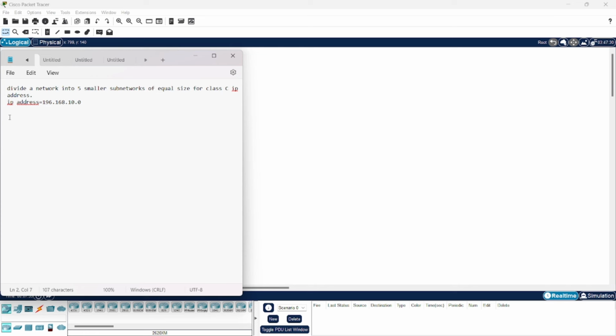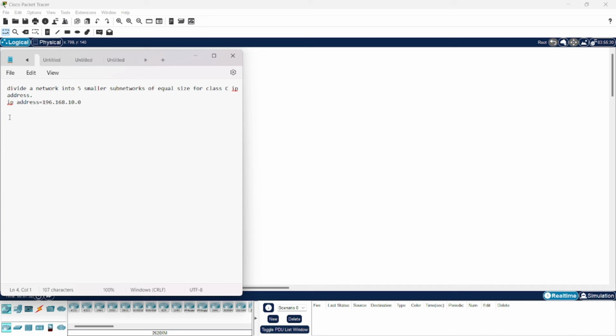196.168.10.0. We know that a subnet mask is a sequence of ones followed by zeros, where ones represent the network ID bits and zeros represent the host bits.